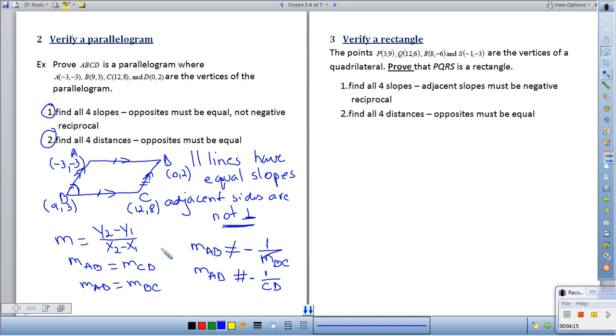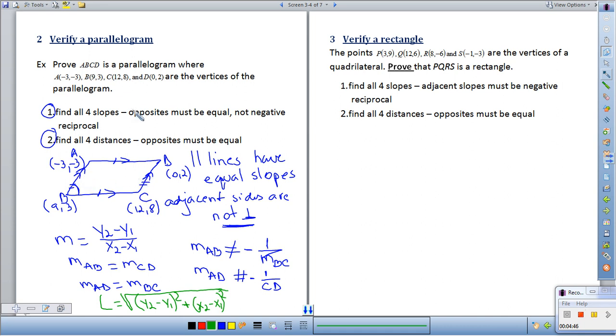Now, for the second verification property, we talked about that in a parallelogram, opposite sides must be equal. So, using the length of the line formula that we learned on the first day of this unit, which is length equals the square root of y2 minus y1 squared plus x2 minus x1 squared, you have to find the length of AB, BC, CD, and AD and prove that the opposite sides have the same lengths, the same measurement.